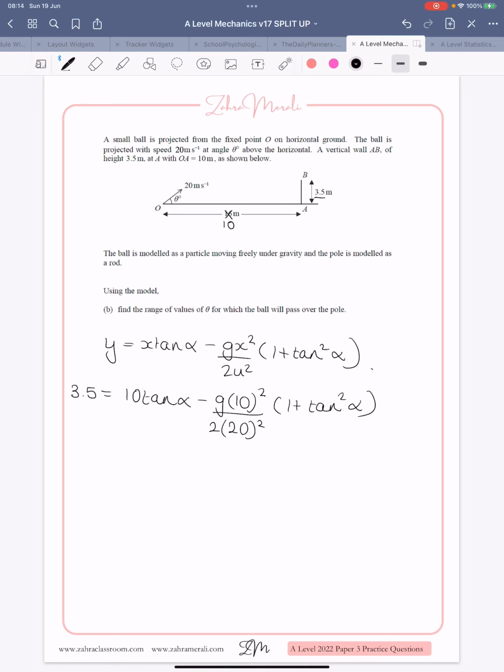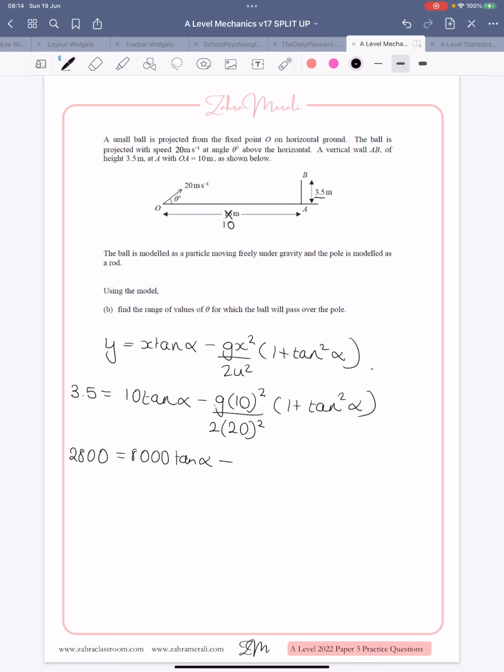So I'm then going to times everything by 2 times 20 squared, just so we get rid of that as a denominator. If I do 2 times 20 squared, I get 800, times 3.5 is going to give me 2,800. I'm doing it all in one step. If you need to do more steps, not a problem. And then 800 times 10, I'm always going to get 8,000 tan alpha minus 10 squared g.